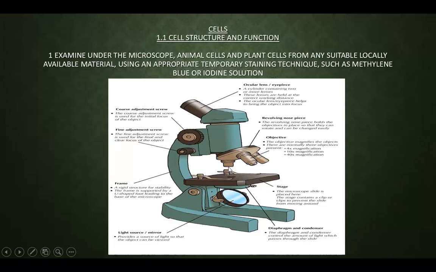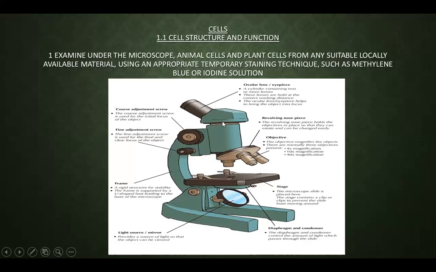Say, for example, if I want to use this objective lens, I have to turn or revolve this nose piece so that I can use this objective lens. If I want to change, I can rotate it so that I can use the other objectives. So this is how the nose piece works.